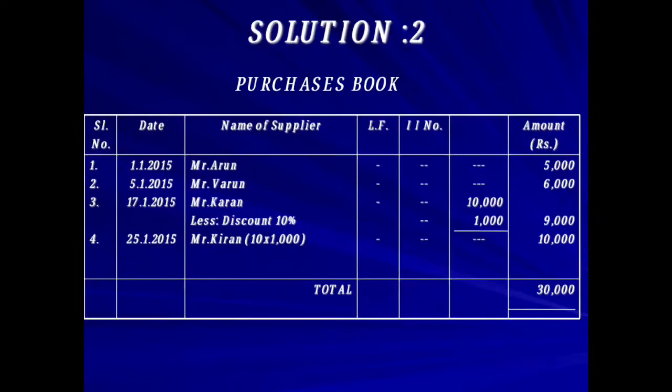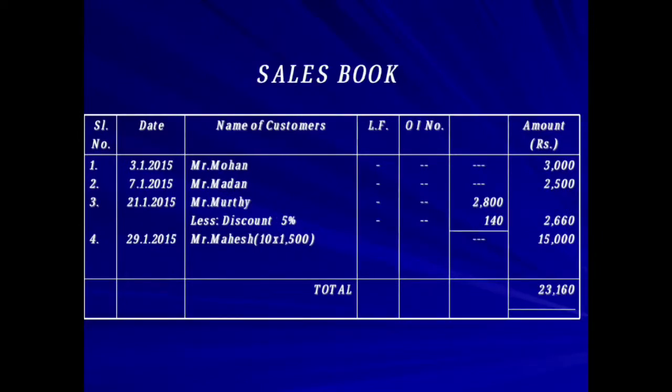So we will see in the sales book now. Okay, so see, third entry 21/1/2015, Mr. Murthy. Okay, 2,800 you are having, and they have set discount of 5%. So 5% on 2,800, you will get 140. So you are going to collect only 2,660 from Murthy.